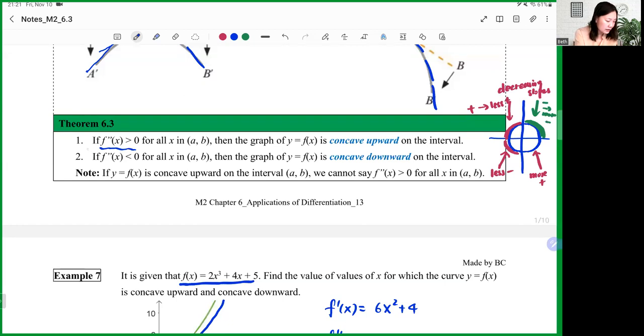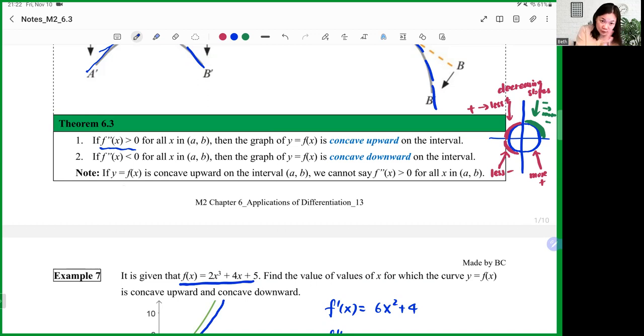The first part says that if the second derivative is positive, then it must be concave up.